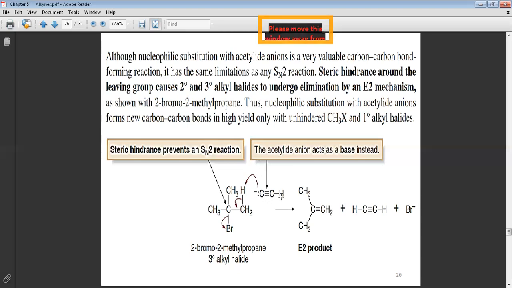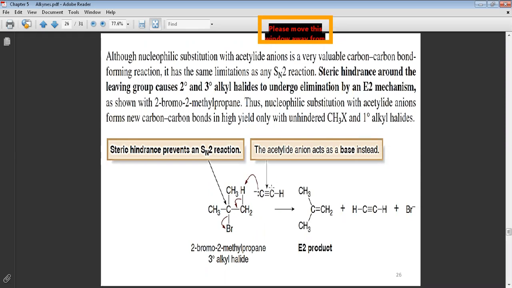This base searches for a proton, searches for a hydrogen that is partially positive, an acidic hydrogen. Where is the acidic hydrogen here? You have a 3 here, and all these hydrogens are partially positive. That means weak acid.